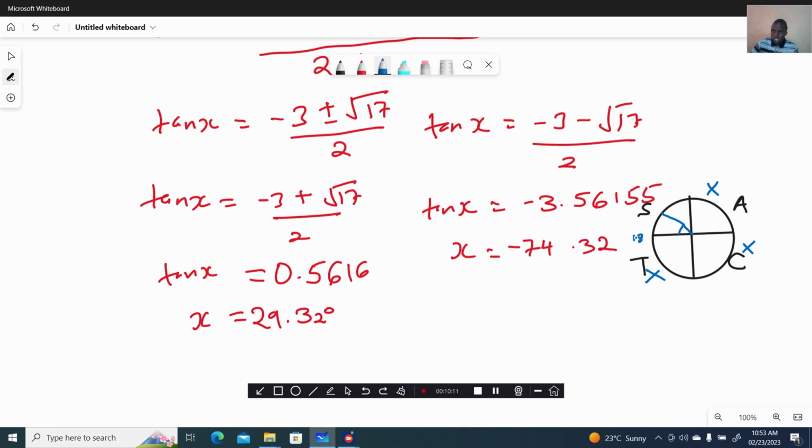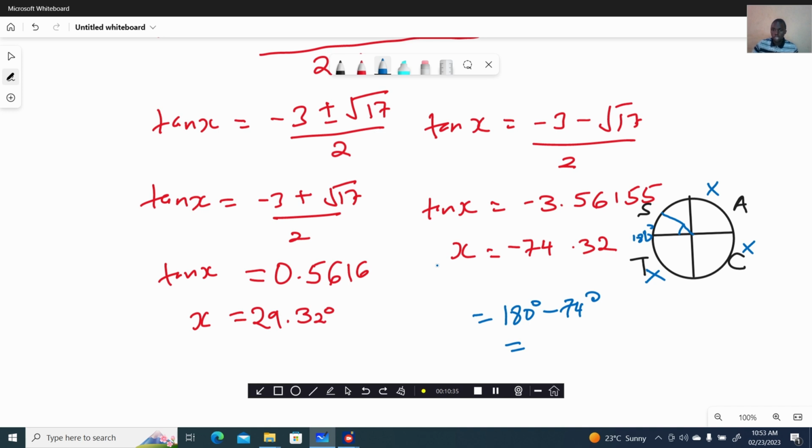So this is 180 degrees. We can move back by 74 units. So we can have the answer 180 minus 74 degrees. It's supposed to be 74.32 to get the correct answer.